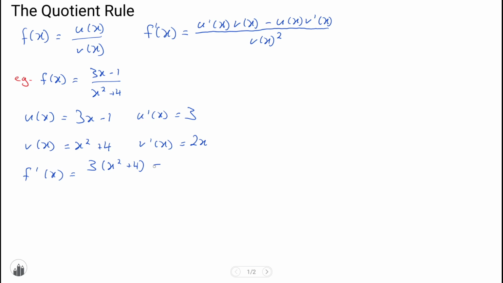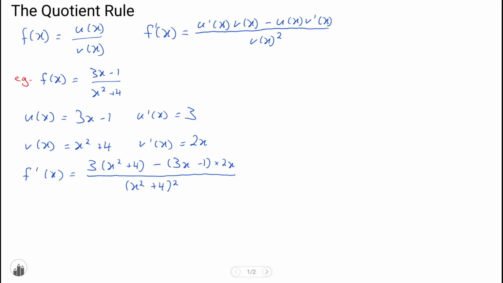Then minus our original function u of x, which was 3x minus 1, times our derivative v dash of x, so that's times 2x. Then we're dividing all of this by v of x squared, which again was x squared plus 4 all squared.